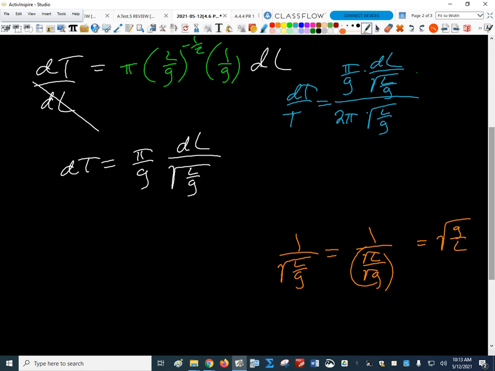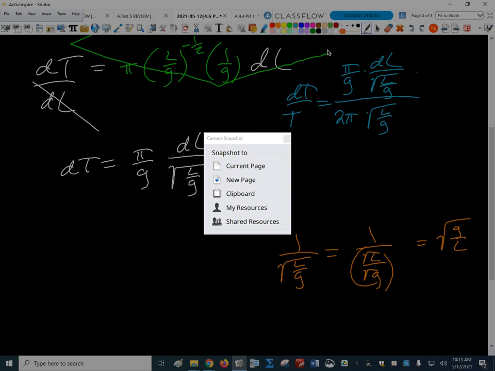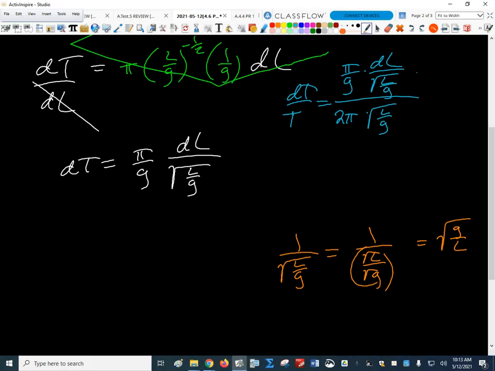So I'm going to go to the next page with this. Oh, this is bad. It shouldn't be doing this.